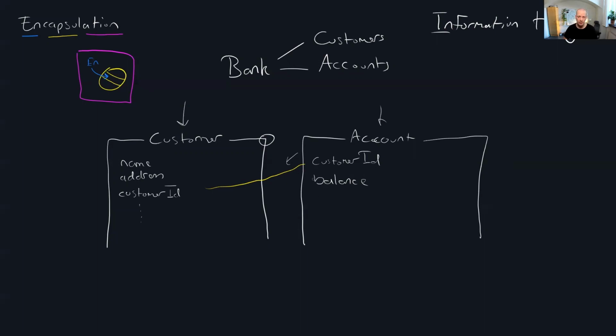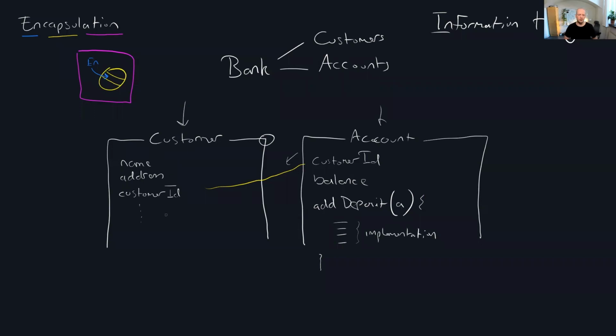One way is, let's say I have an add deposit method as part of account. I want to add some amount to this customer account. We can understand that this is probably implemented as a method and has all of this implementation inside.